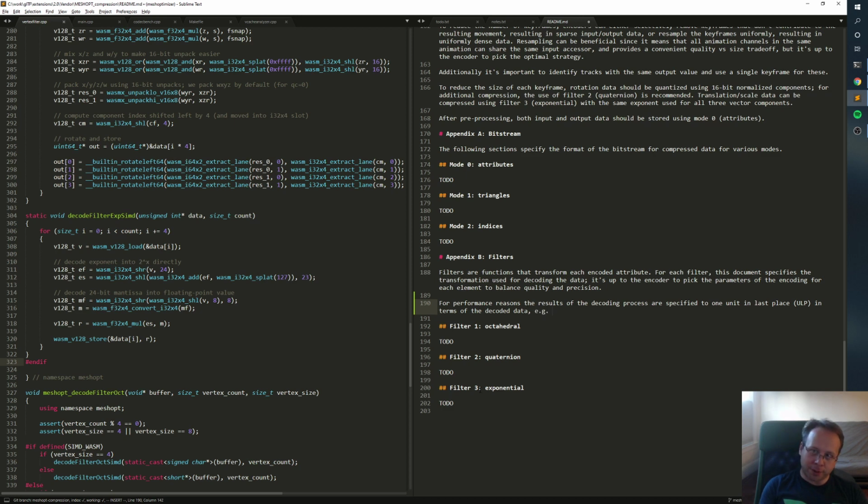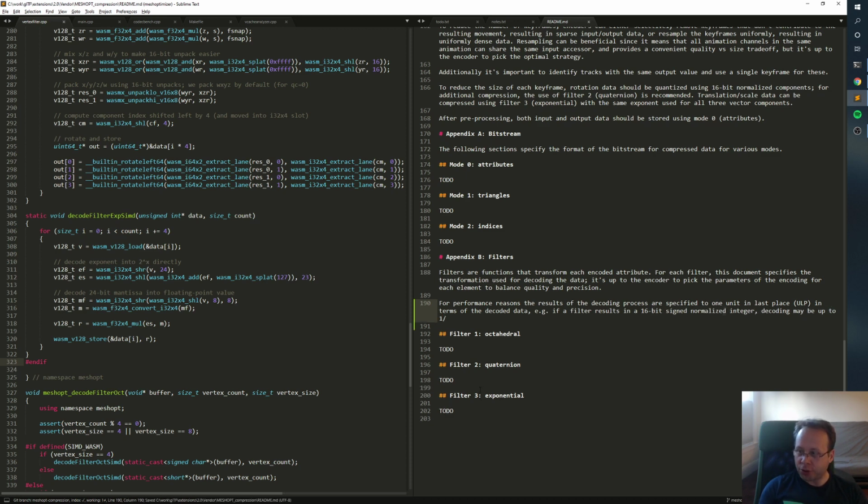For example, if a filter results in a 16-bit integer, decoding may give results within 1 in a 16-bit normalized integer.